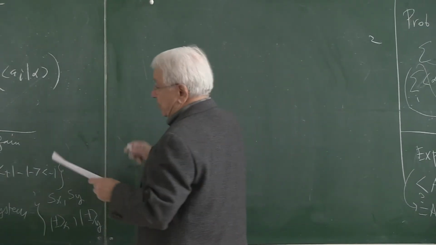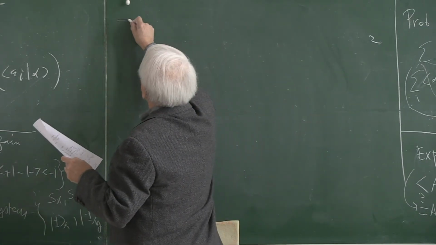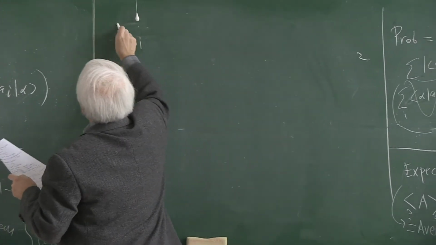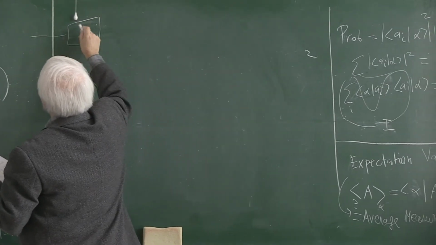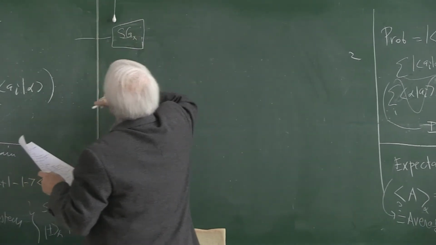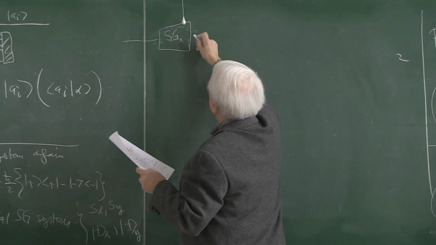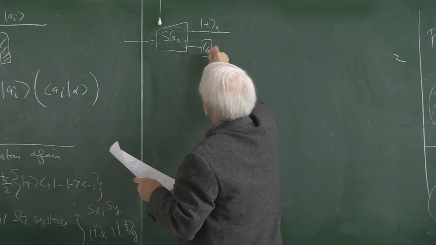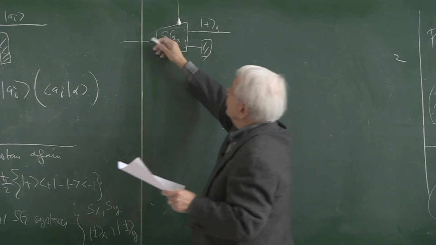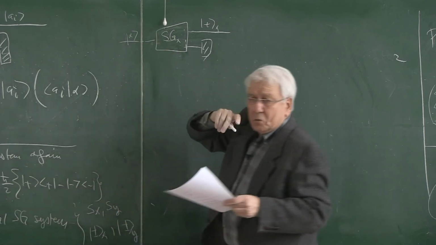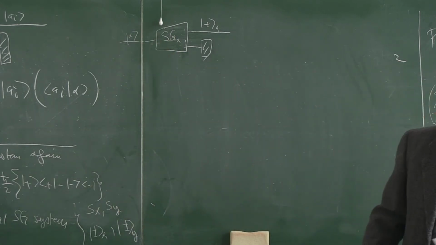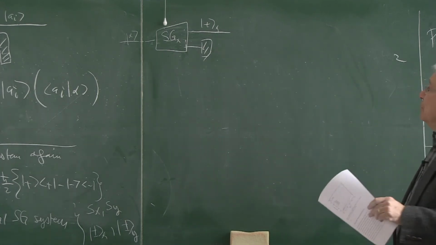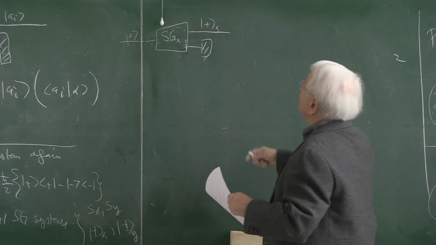Now consider, as a starting point, an unpolarized beam going through a Stern-Gerlach X, becoming the plus X, and suppose the other portion is blocked. This is arbitrary. When I denote alpha, it means it could be anything. In principle, two components with arbitrary C1 and C2, their mod squares add up to 1, but that's all.